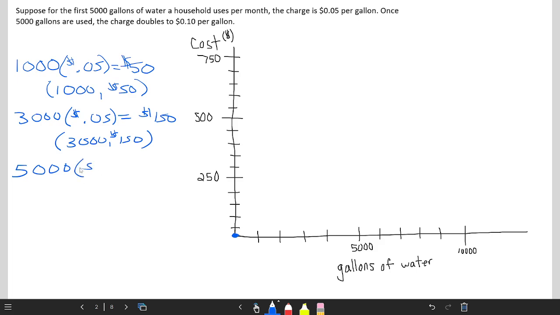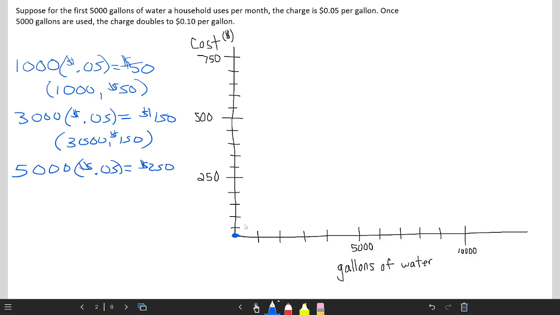So let's see where that puts us. 5,000 times 5 cents per gallon would be $250. So this graph is going to be a straight line segment because it's the same rate per gallon. So we have the constant rate of change that's going to result in a straight line.